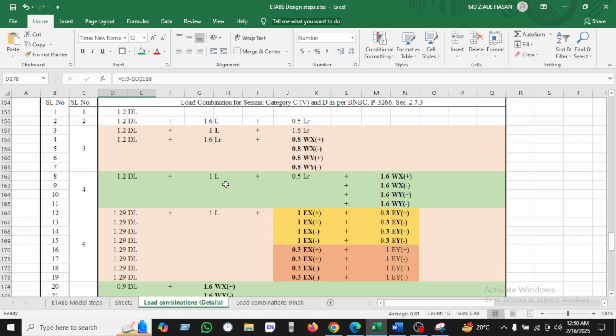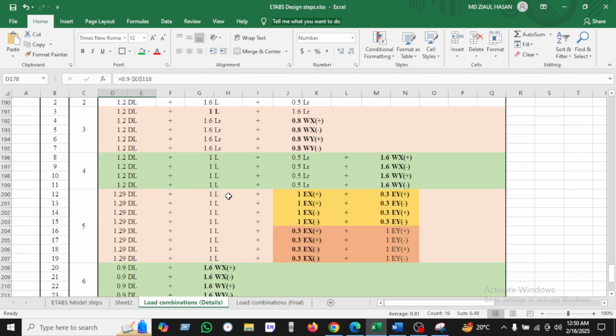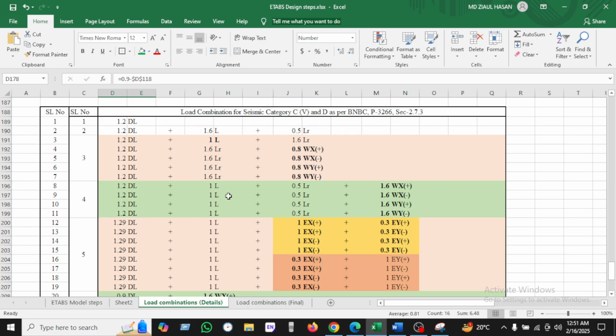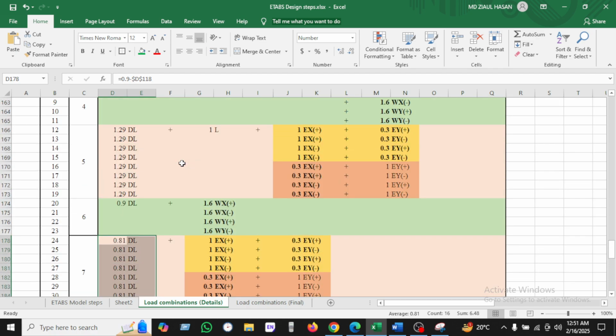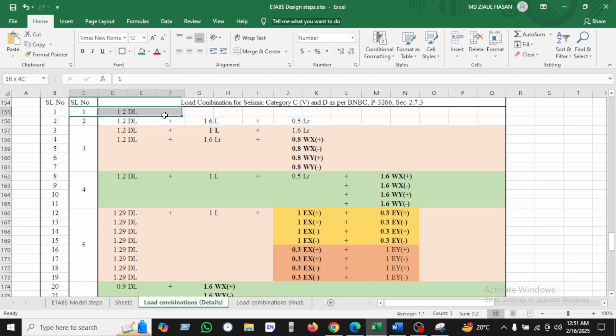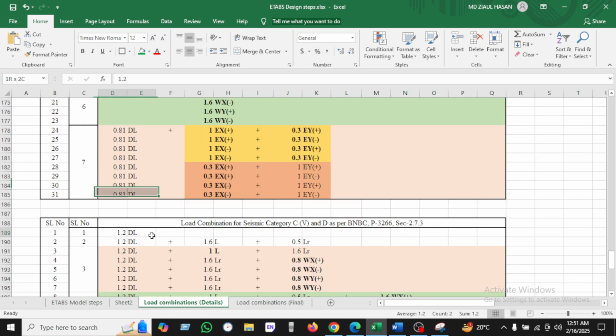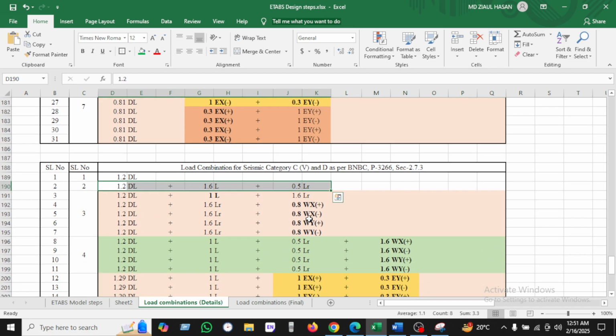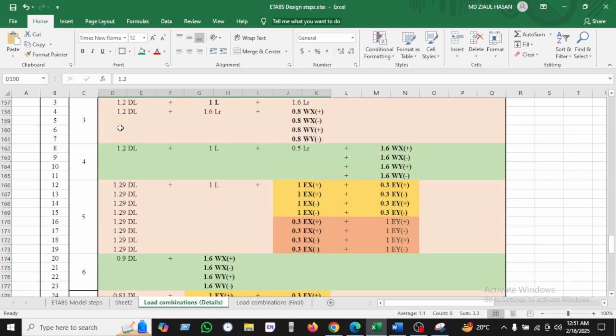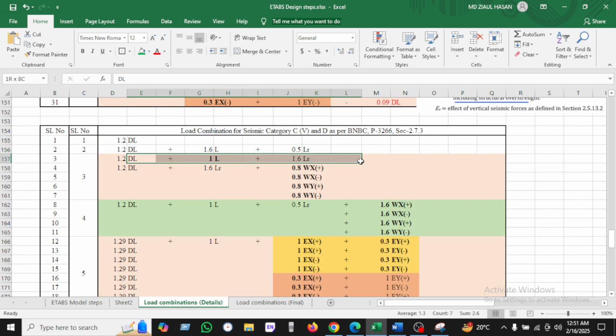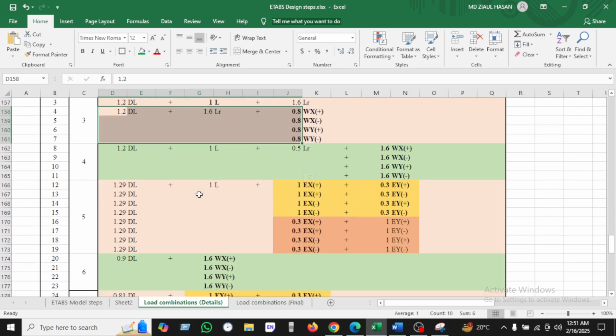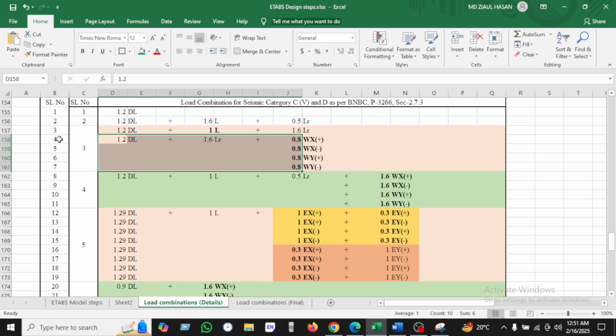Then finally I'm just putting all the loads here, such as number 1: 1.2 dead load, 1.2 dead load plus 1.6 live load and 1.5 roof load, and this is the second, this is the third, this is the fourth, and the fifth one. We just copy this value all through from 4 to 7.